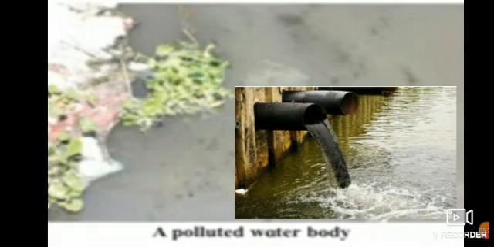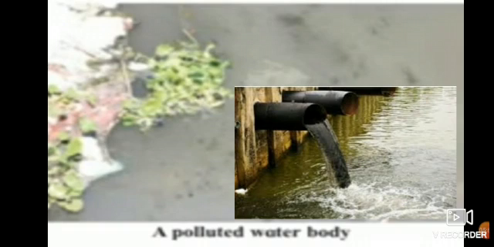The waste water from the city, that means from the different houses. Whenever we wash the clothes and utensils, that waste water goes out. So this is collected in the water body in one of the convenient places.